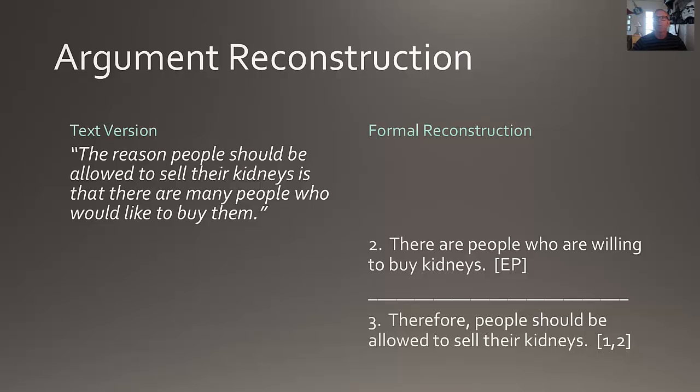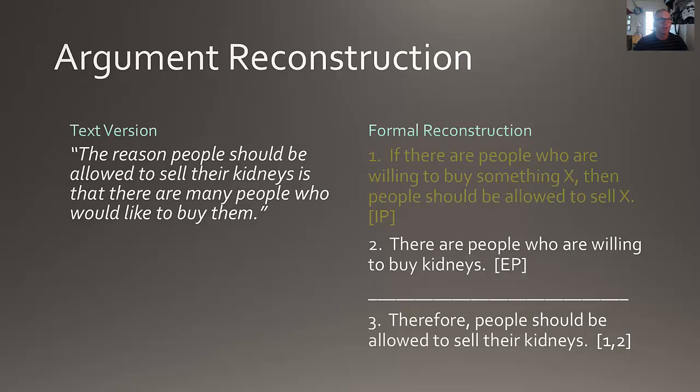In order to achieve the principle of charity, we're going to reconstruct this argument and add a premise that the author clearly seems to be relying on, and I'm going to do it this way. There are some other ways you could do it, but let's try it this way. If there are people who are willing to buy something, call it X, then people should be allowed to sell X. There are people who are willing to buy kidneys, therefore people should be allowed to sell their kidneys.